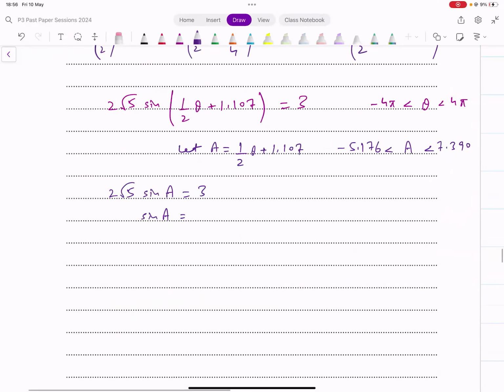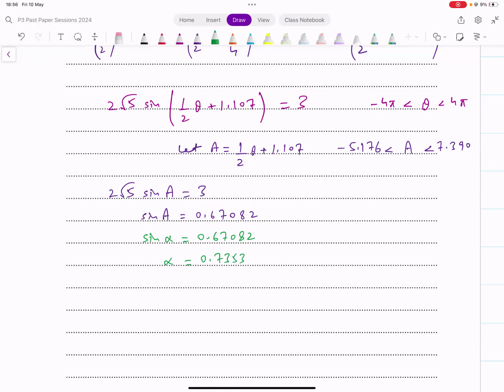No, so we can just write this in decimals: that gives me 0.67082. Now let's find the basic angle. Sine alpha equals 0.67082, so the basic angle is sine inverse of this, and that gives me 0.735.